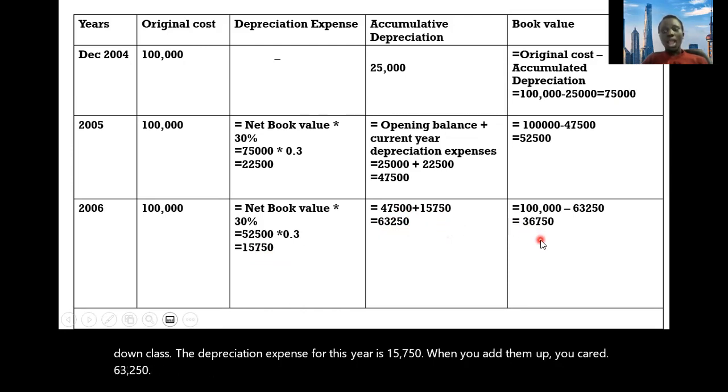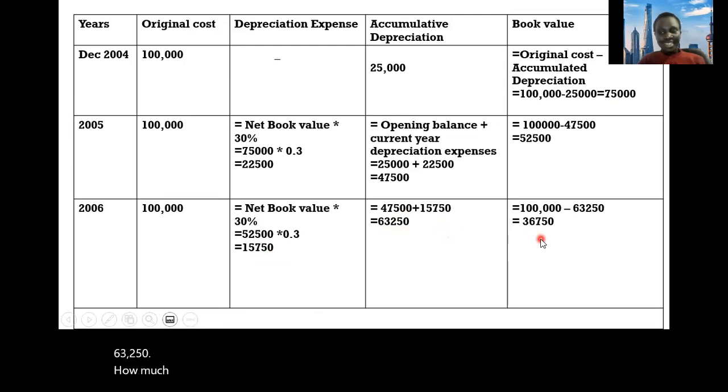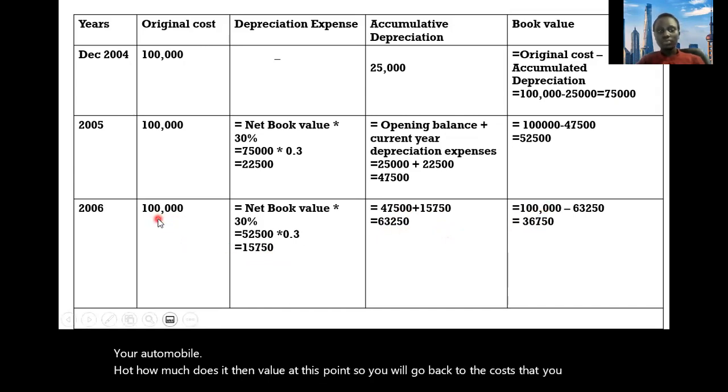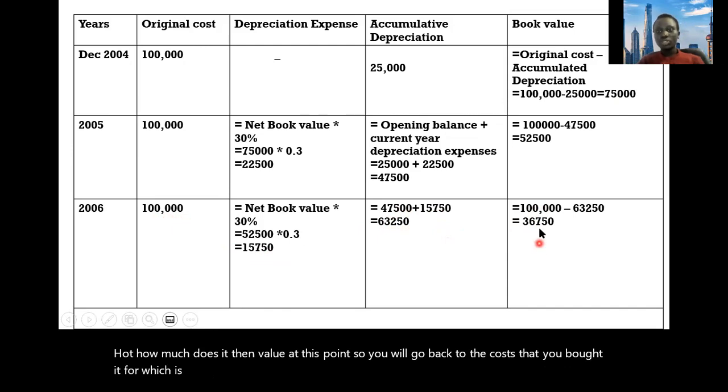Now, how much does your automobile value at this point? You go back to the cost that you bought it for, which is 100,000. You bring it here minus the total accumulated depreciation, which is 63,250.